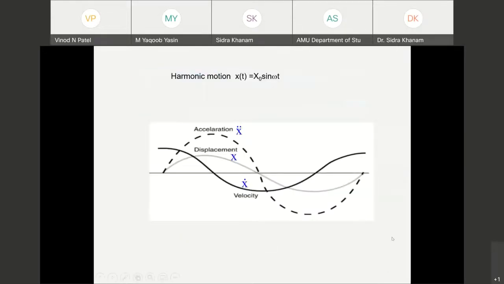This particular figure is harmonic motion, x = x0 sin(ωt), defined as an initial value multiplied by a sinusoidal signal, where ω is the natural frequency of the vibrating system. We can plot its displacement, velocity, and acceleration. These are the fundamentals which you know.